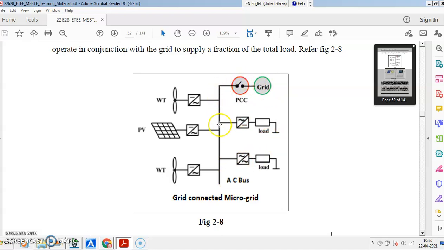So here grid supply is available, this is microgrid power generation, this is power available with the grid. Then these are the loads connected, so you can feed through microgrid. So microgrid is connected to the grid, so that is a synchronization.